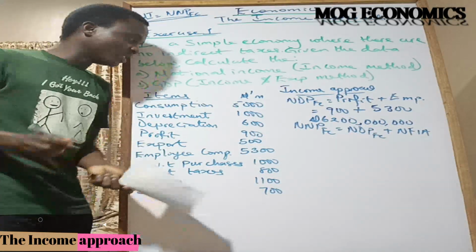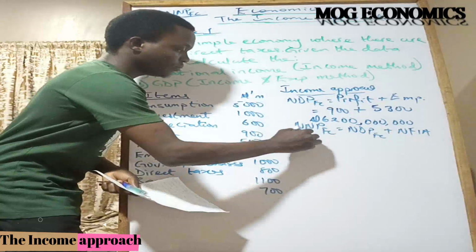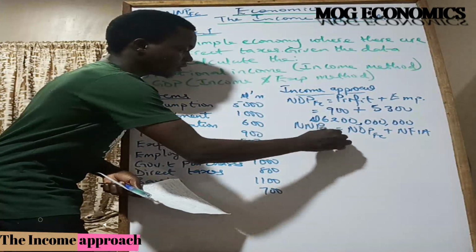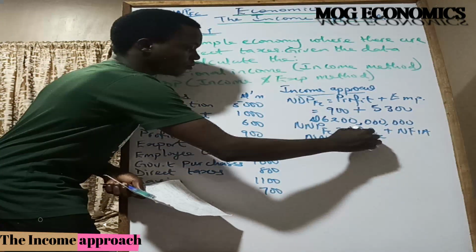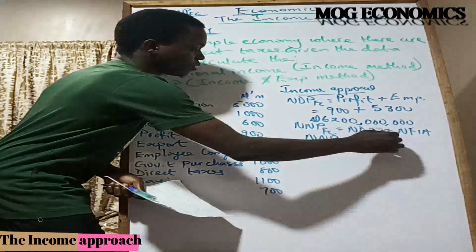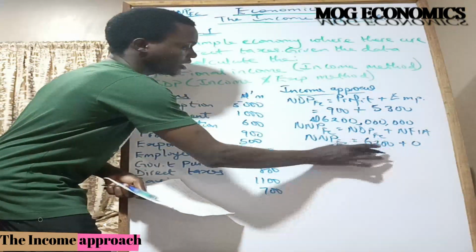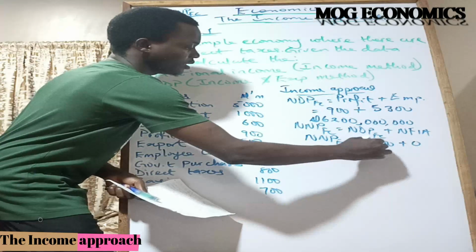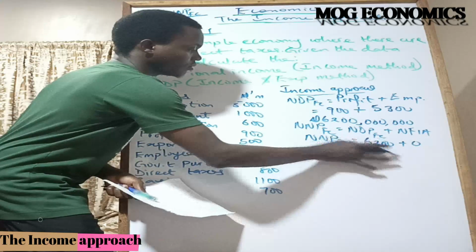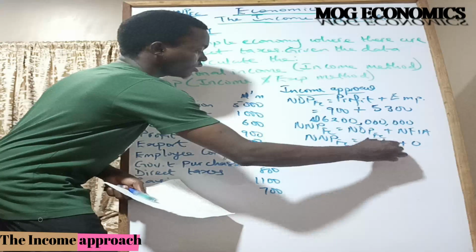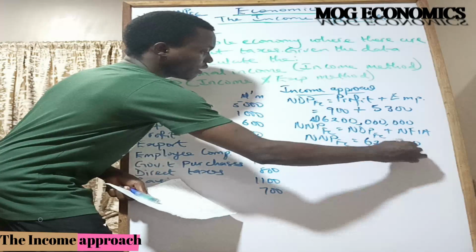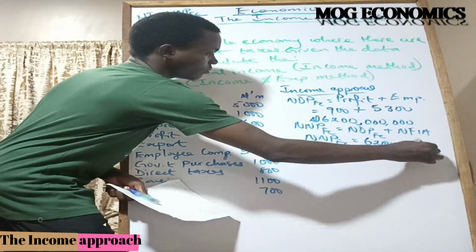So in this case, NNP at factor cost is equal to 6,200 million plus zero, which still gives us 6,200 naira million.